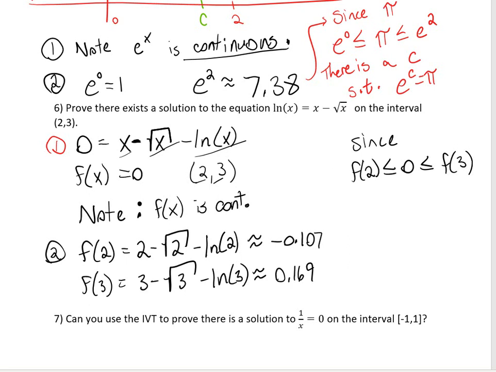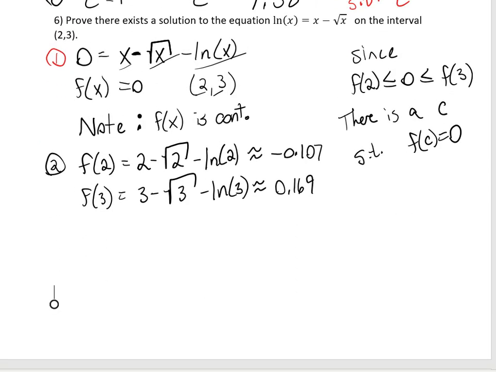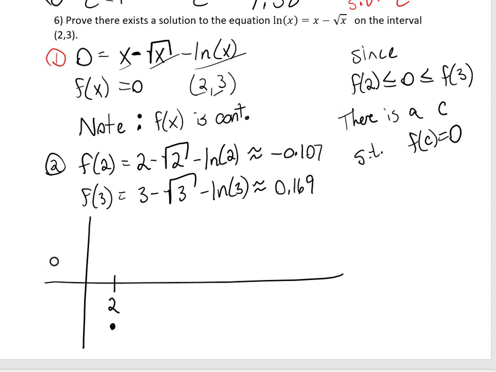So there's a c such that f of c equals 0. Before we move on, just like before, I think it's helpful to draw a picture. If I plug 2 into my function, my y value is going to be negative 0.109, so somewhere down here.